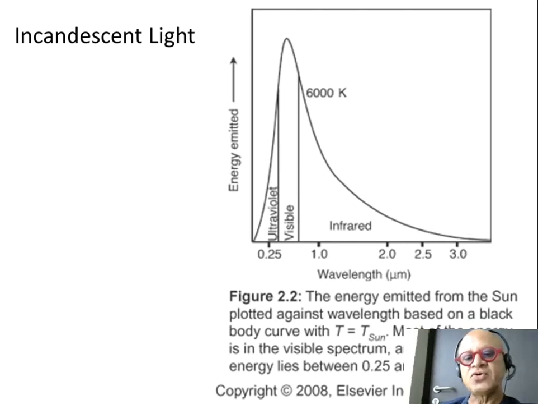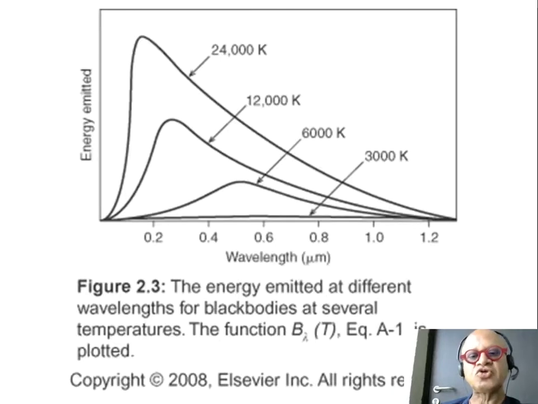There is a rule called Wien's displacement law, which allows us to estimate the surface temperature based on the measured frequency or wavelength of the energy that's being emitted, which turns out to be in the middle of the visible. So here is the relation between wavelength and energy emitted.